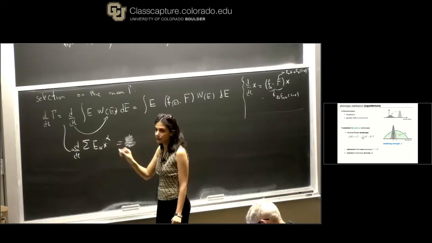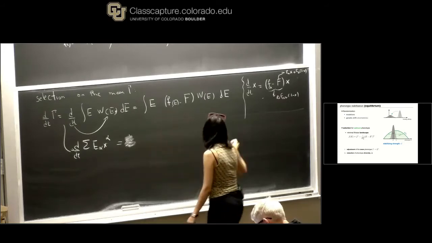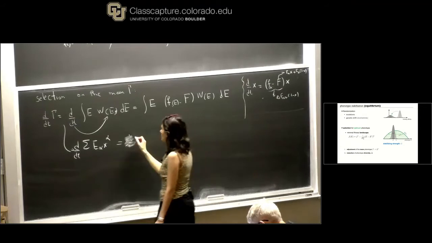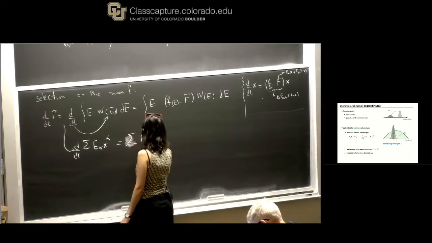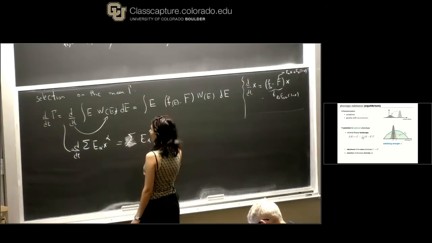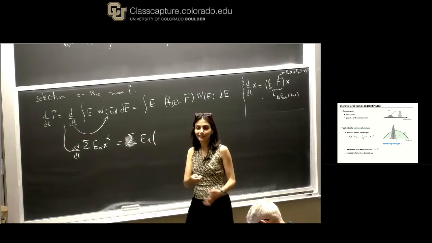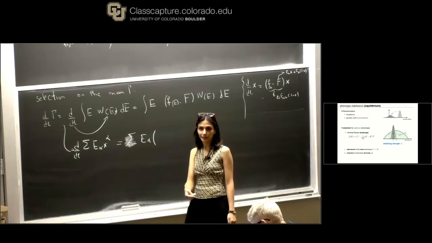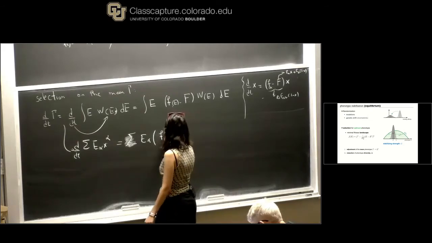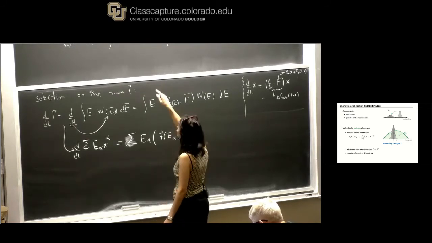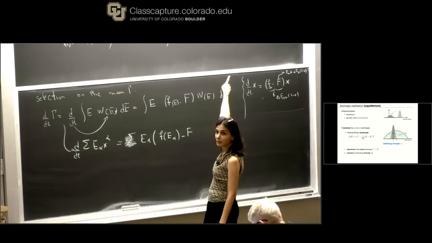So you take the derivative of x alpha. We know how to do that. It's the fitness of alpha minus the mean fitness. So this would be E alpha times the fitness of alpha, which depends on E alpha, because fitness only depends now on energy. So fitness of E alpha minus the mean fitness, which we calculated up here.